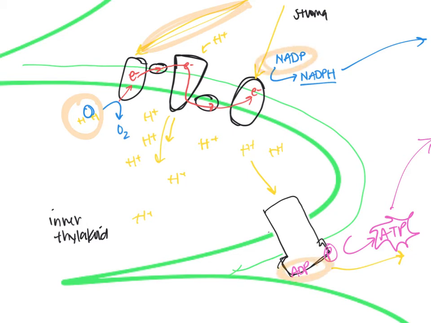These are our reactants. Now, what are our products? As a result of the light-dependent reactions, we end up with the following products: oxygen, ATP, and NADPH. Our oxygen is going to be diffused out of the cell. Our NADPH and our ATP are both going to go to the Calvin cycle.